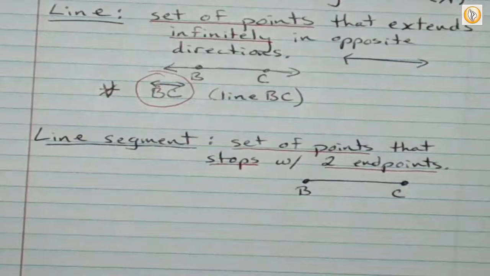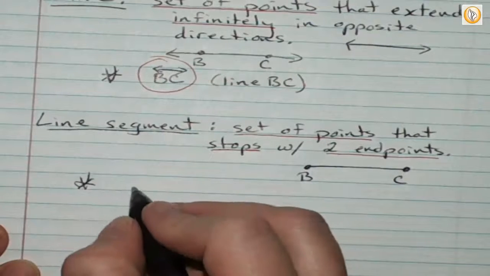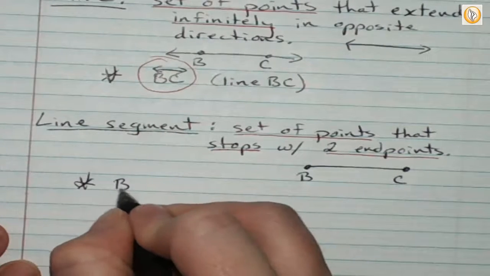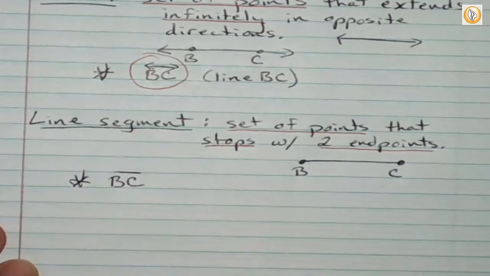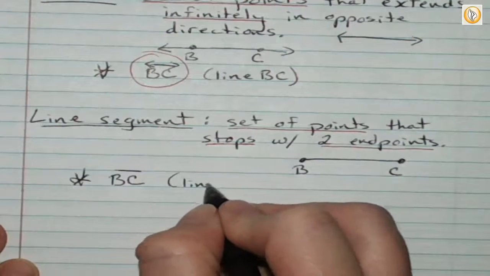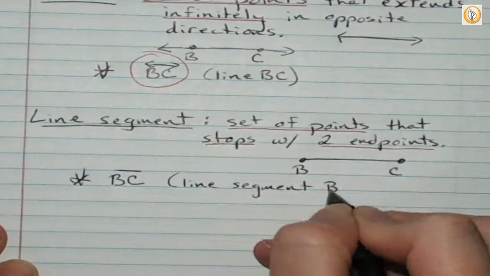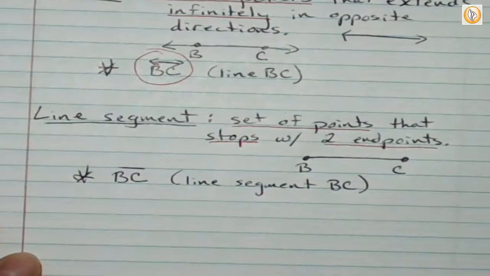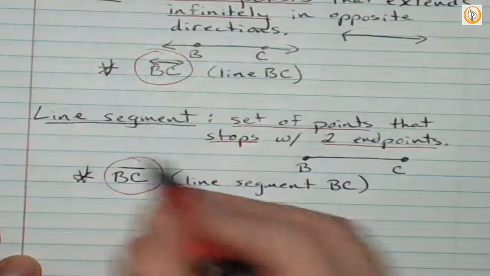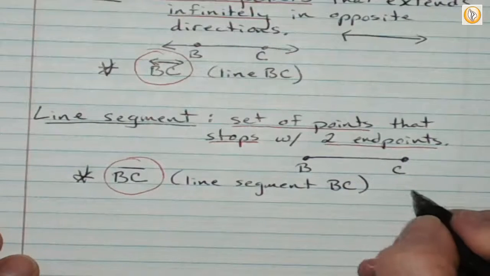That's a line segment. That's line segment BC, and it's written like that. Line segment BC, that's how it's read. Now, some people want to put the little dots right here, and that's fine.